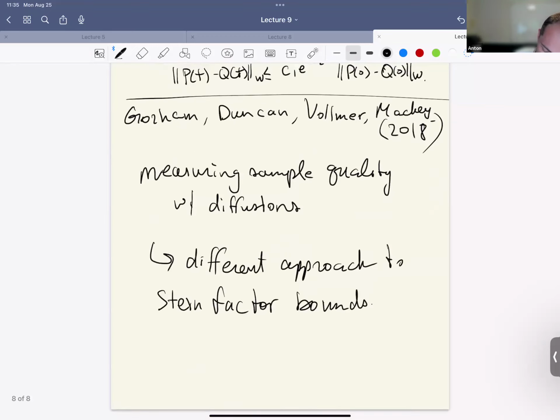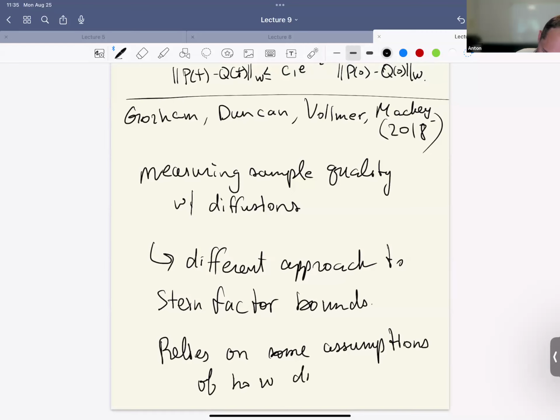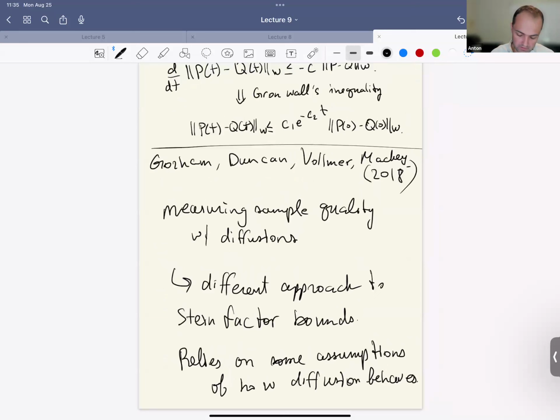Okay, but it relies a lot on structure, on some assumptions of how diffusion behaves. So it is restricted to a certain class of diffusions, which is different from Itai's theorem.